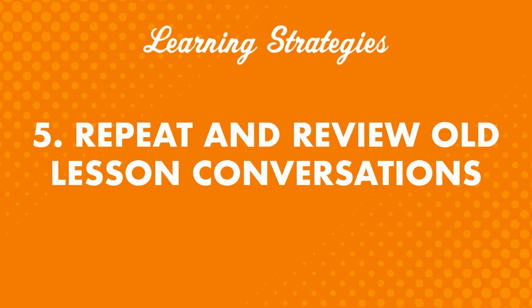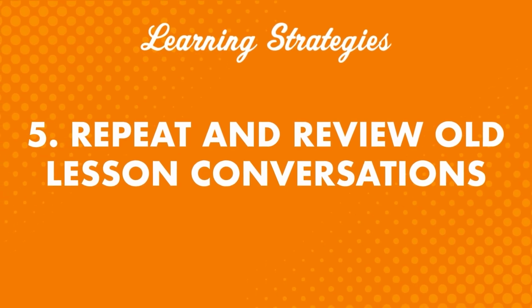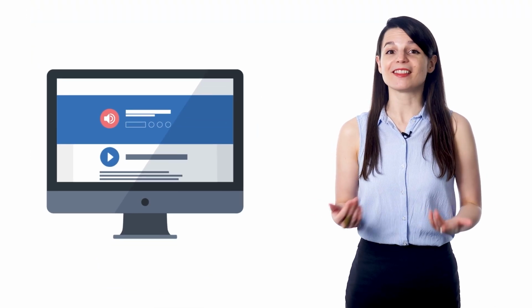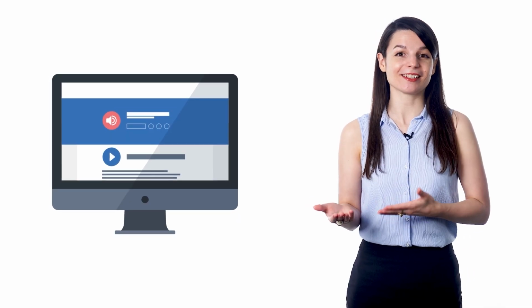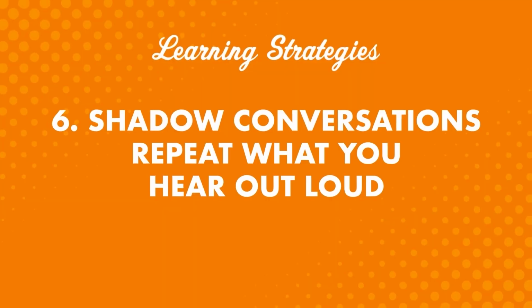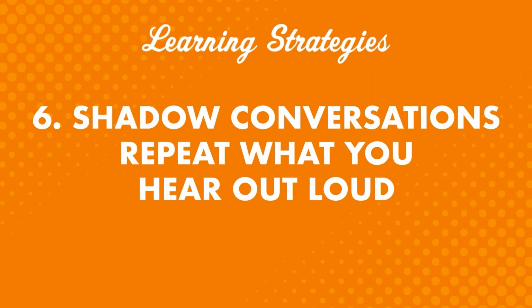5. Repeat and review old lesson conversations. Reviewing what you've studied in the past is the best way to make sure you maintain what you've learned. Go back to older lessons, download the lesson dialogue tracks, and re-listen to the conversations again and again. Or you can reread the dialogue lines from previous lessons until you've mastered them all. 6. Shadow conversations.